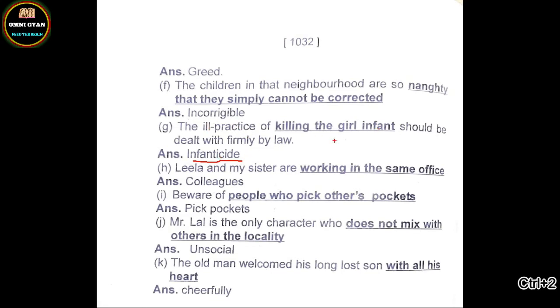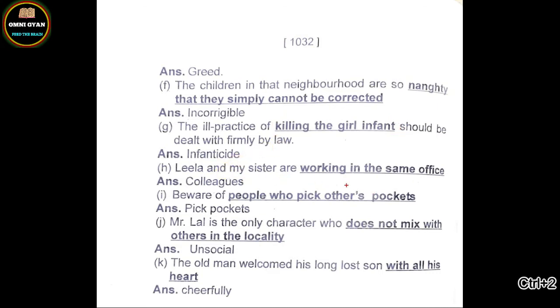Infant means baby. Killing any baby is infanticide. So the ill practice of infanticide should be dealt with firmly by law.